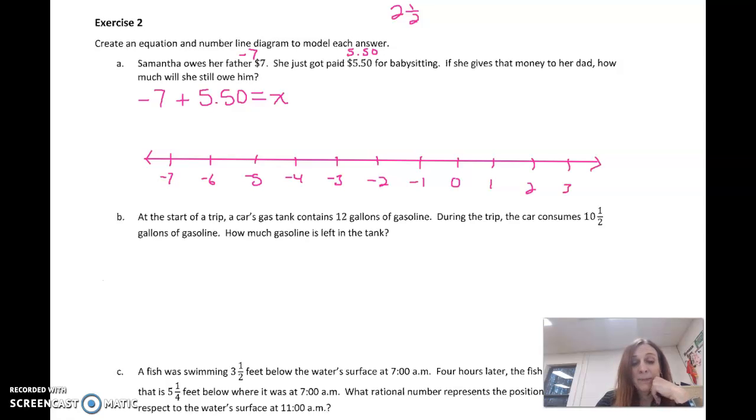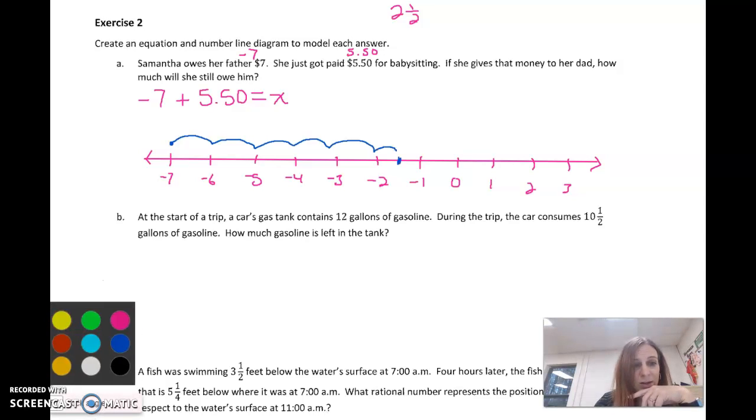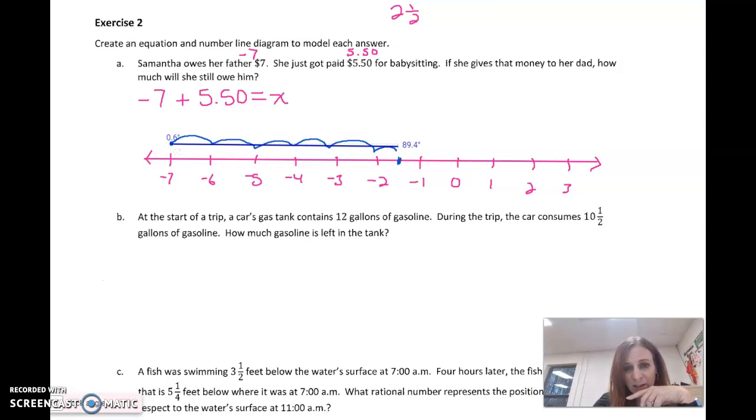Why not? All right, so remember, we put the tail at negative 7, and I'm going to go to the right 5.5. So from 7 to 6 is 1, so it's 1, 2, 3, 4, 5, and then I want to go halfway. I'm going to draw my vector over it. It looks like this is going to be halfway between negative 1 and negative 2.